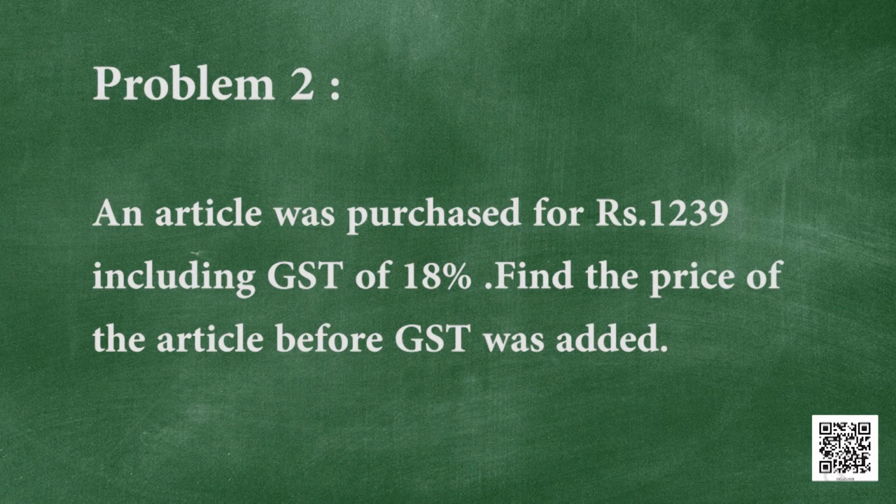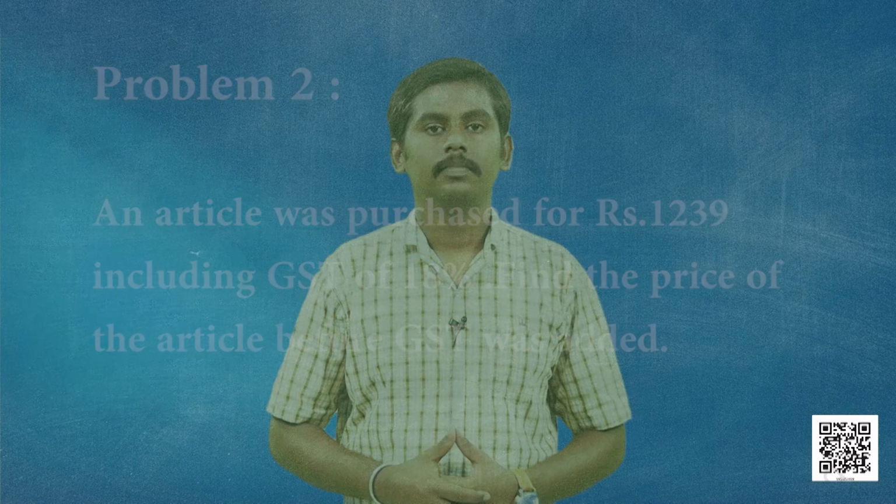The problem says an article was purchased for rupees 1,239, including GST of 18%. Find the price of the article before GST was added. Students, before we solve it, let us try to make a note of given data.